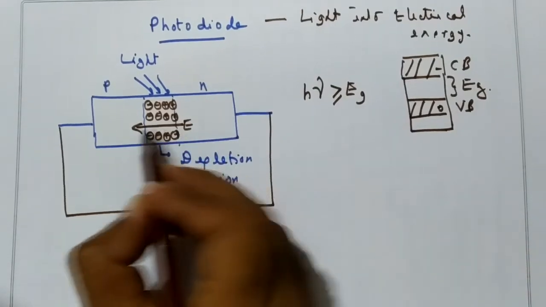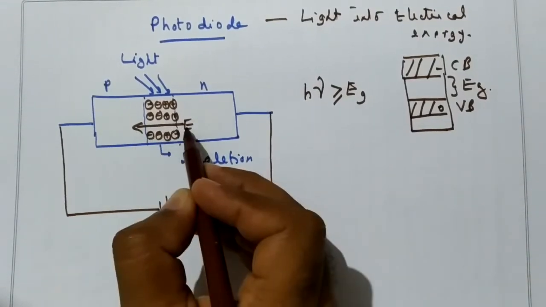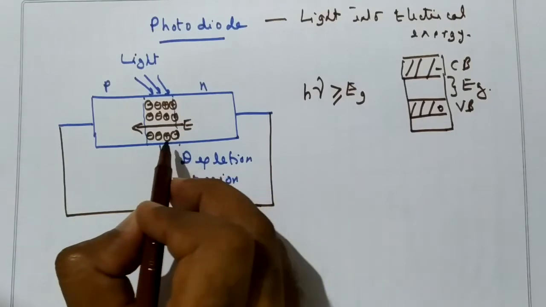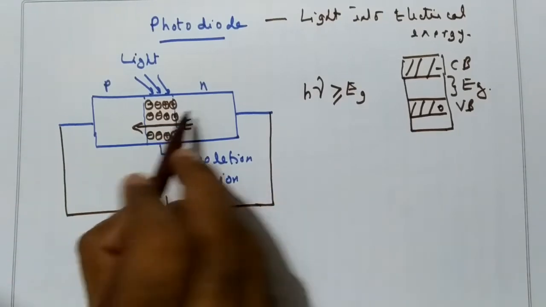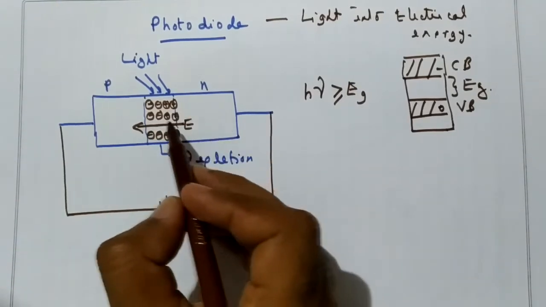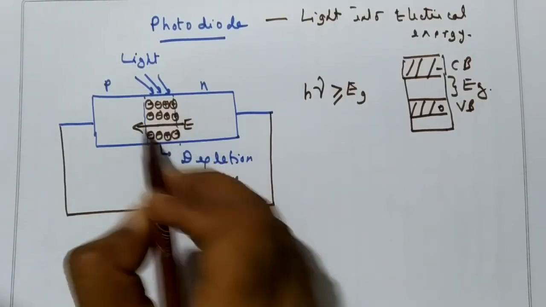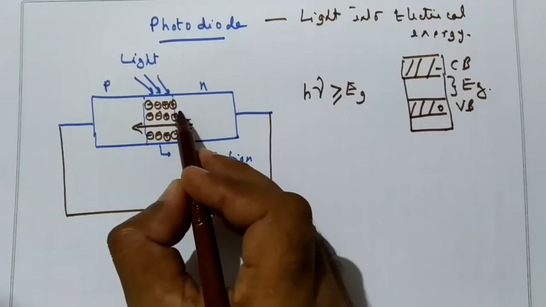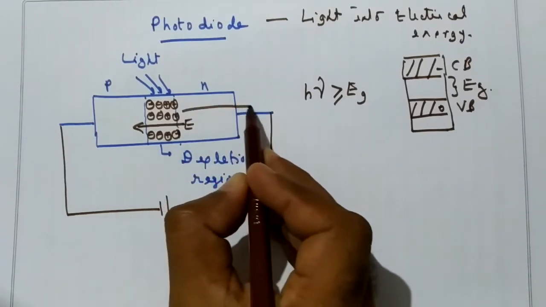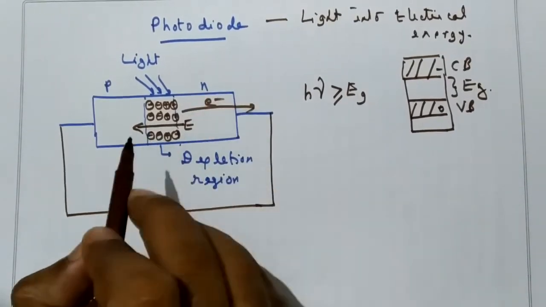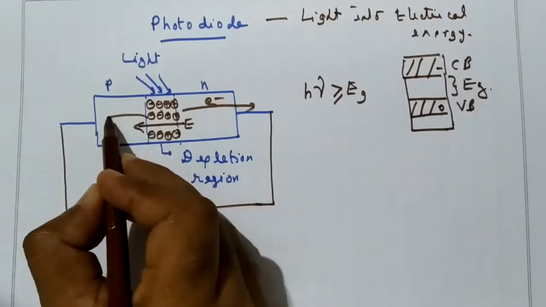Now since there is an electric field near the junction, the electrons will move opposite to the direction of the electric field. So the electrons which are generated when the light falls on the depletion region will move towards the N side, and holes will move towards the P side.